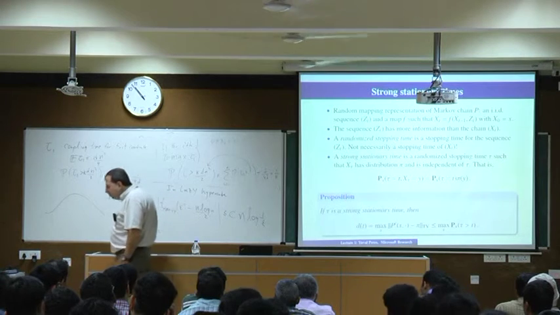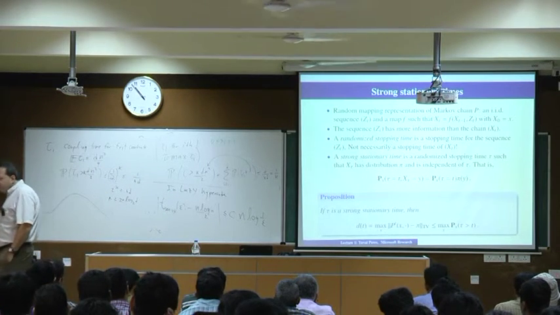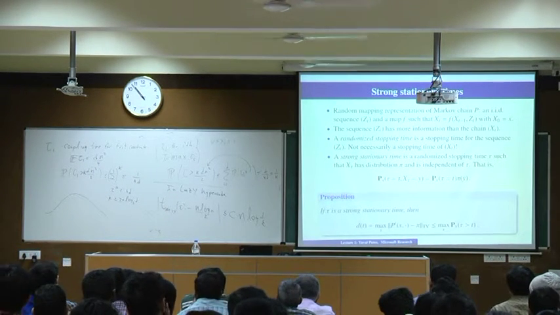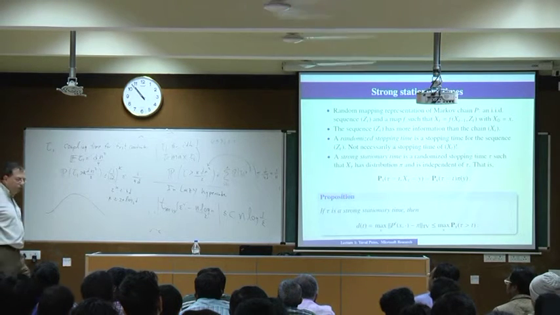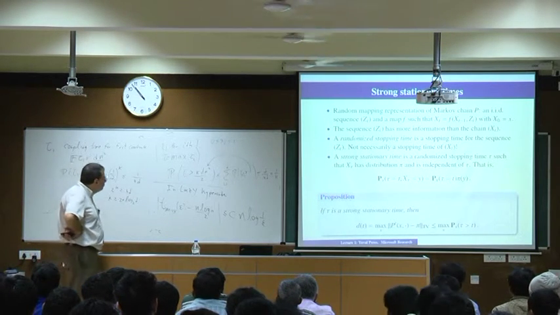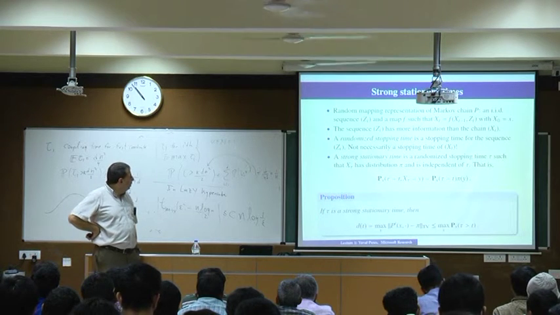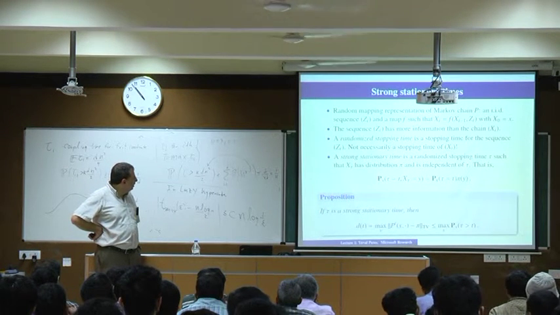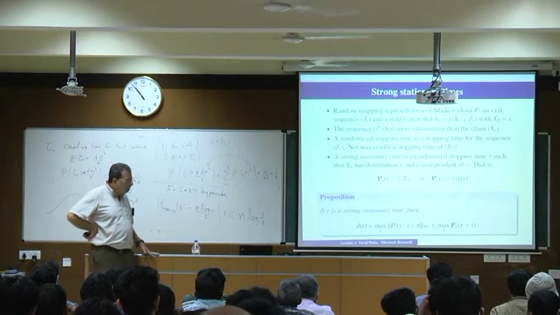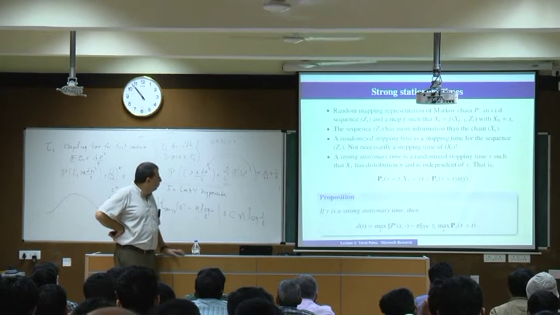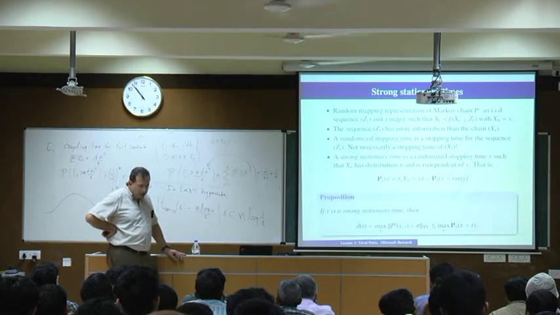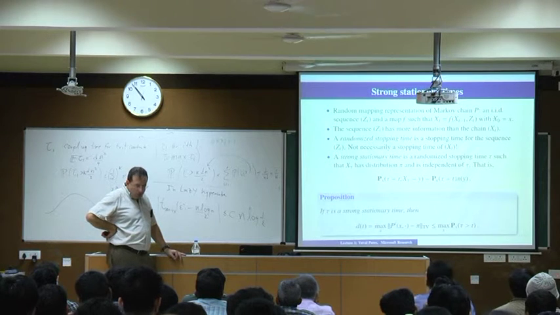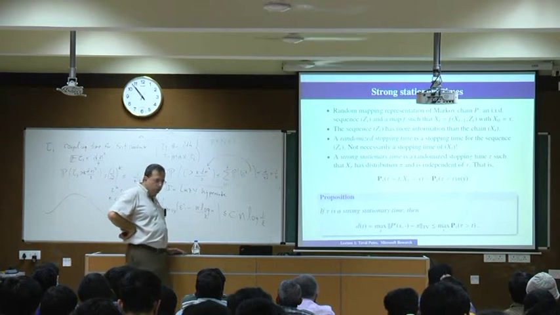Here we'll want to consider what's called randomized stopping times. The fancy language is these are stopping times in a larger filtration, but another way to think about them is that these are stopping times for a process I use to generate the chain. So we can use the example of this hypercube.